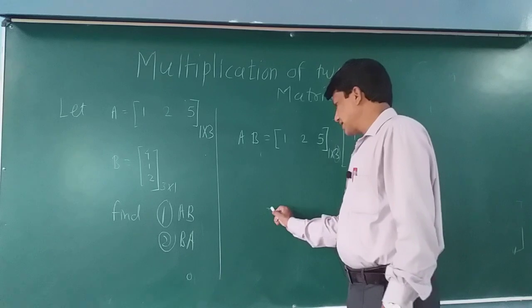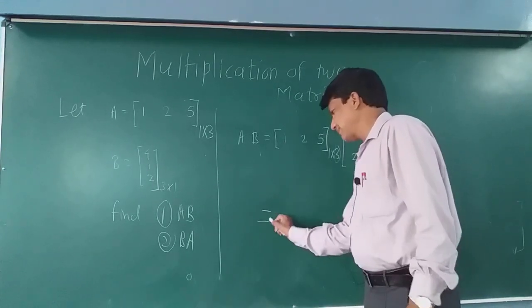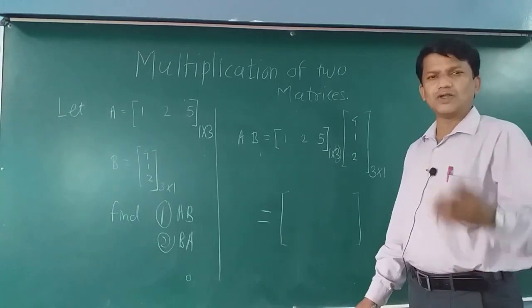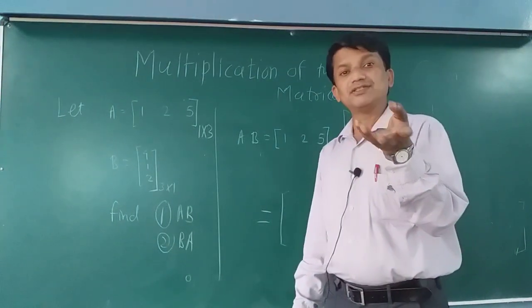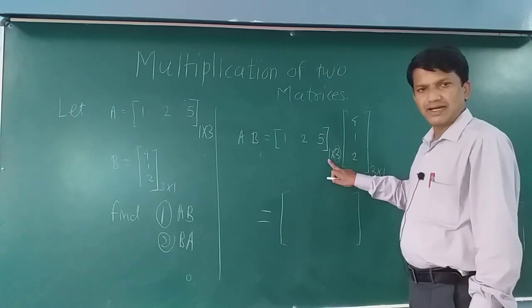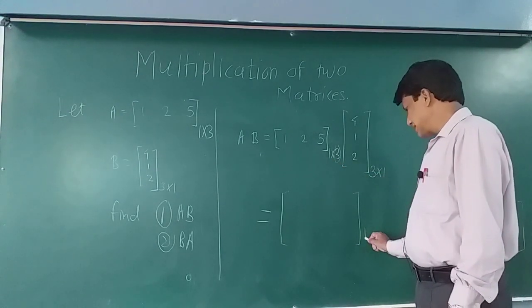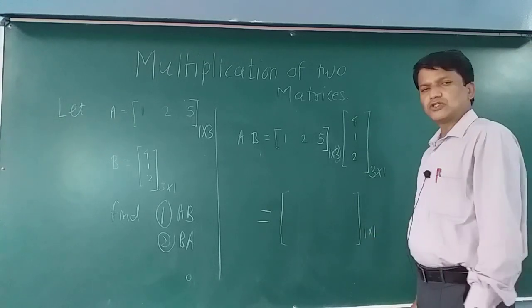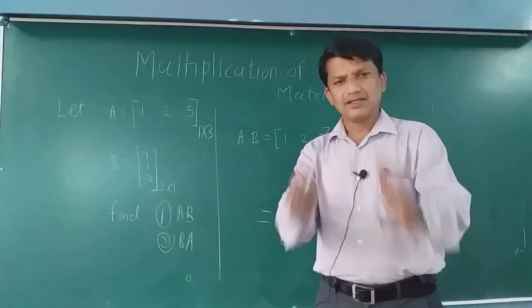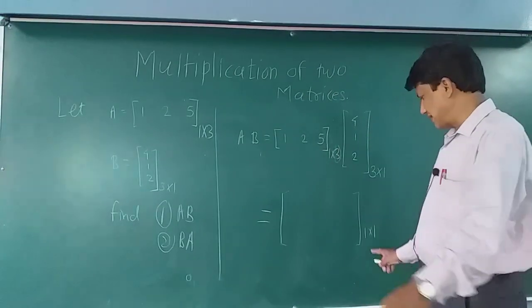So the product is possible. What will be the order of the new matrix? Our first number is 1, the last number is 1, so the result is 1 by 1.